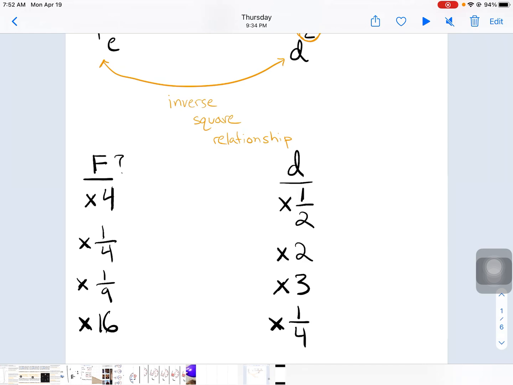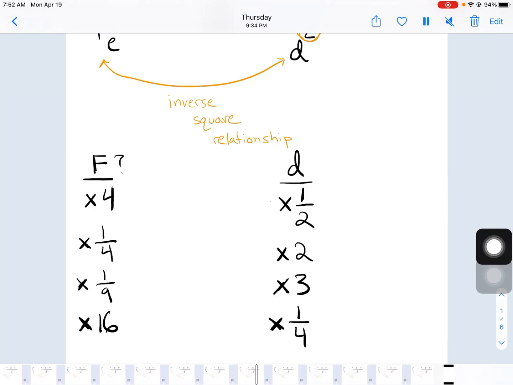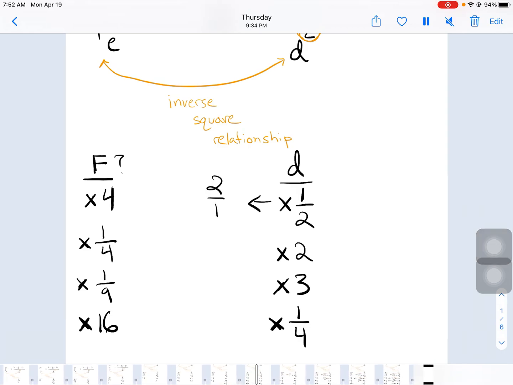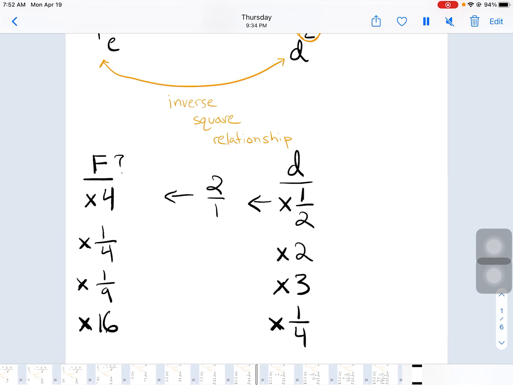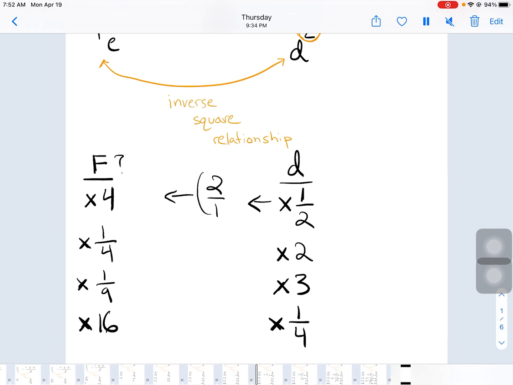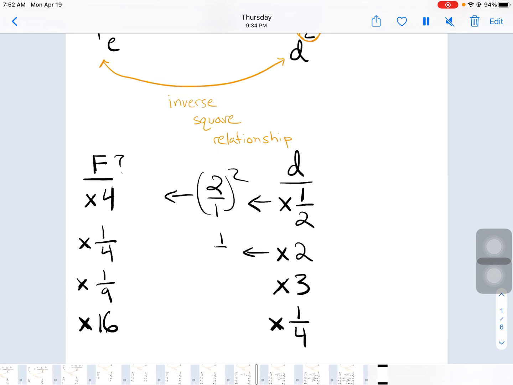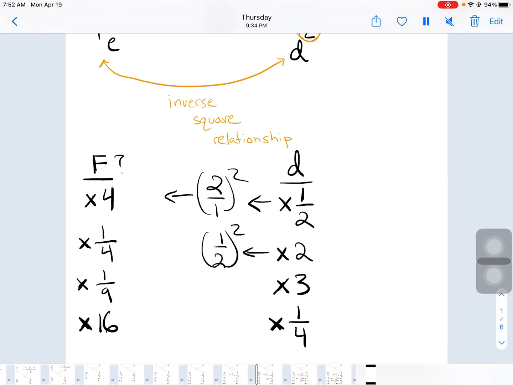Now, can you see this pattern? How do we get from this side to this side? What is the inverse square pattern, the inverse square relationship? Well, if you take 1/2 and you inverse it, you get 2/1. You square 2/1. Square means times it by itself. You get times 4. Take 2, inverse it, you get 1/2.